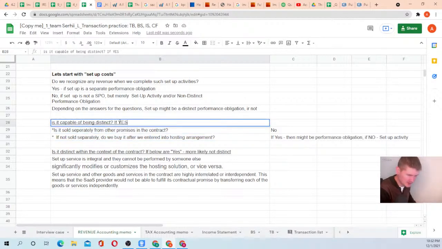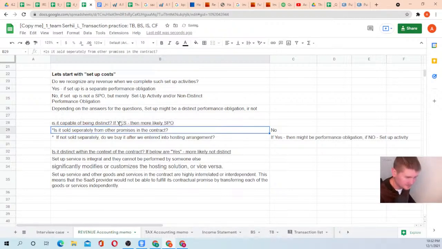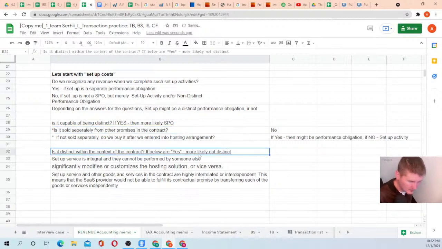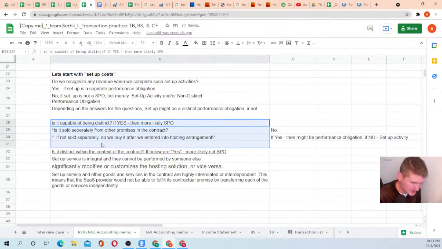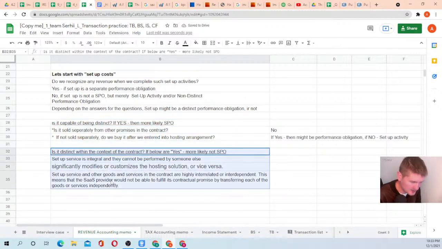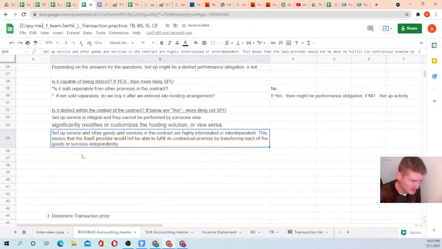If yes, then it is more likely a separate performance obligation. More likely not. Yeah, it is a lot of confusion here, because the first one should be yes, the second one should be no. Okay.